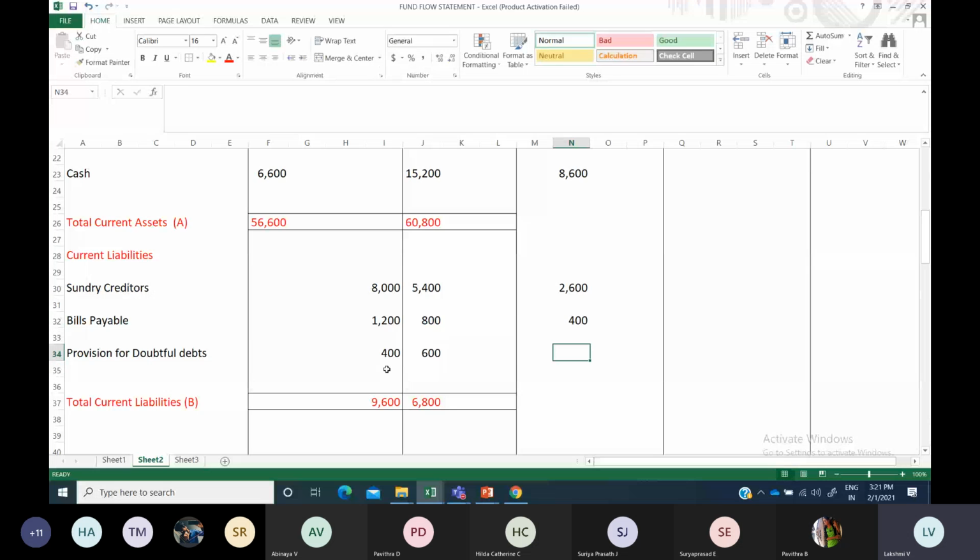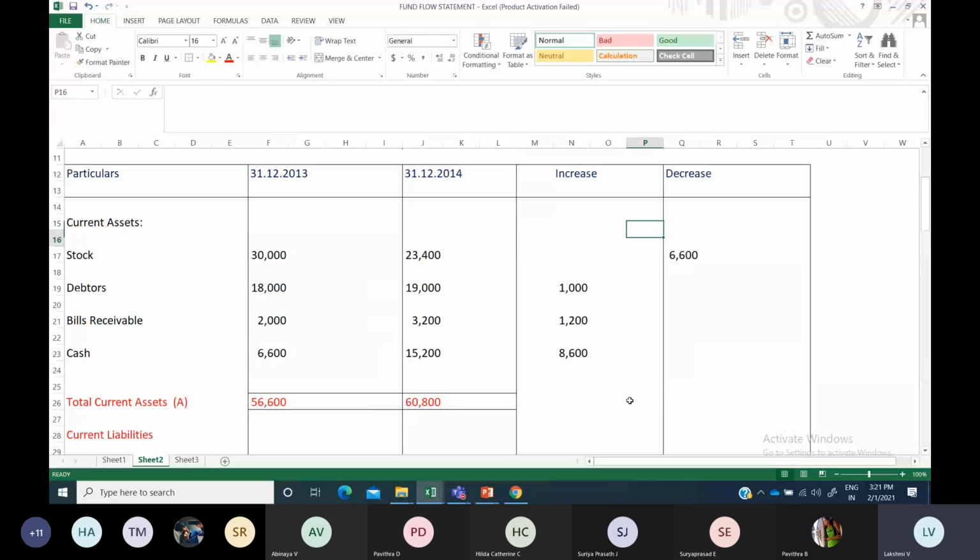So moving to the other one, provision for doubtful debts, 400, it has got raised to 600. So this is increase. So increase in current liability means decrease in working capital. So difference amount only you have to show, 200. Okay. So now what you are going to do?